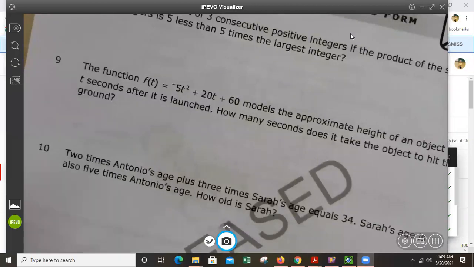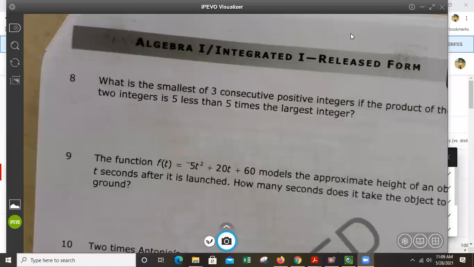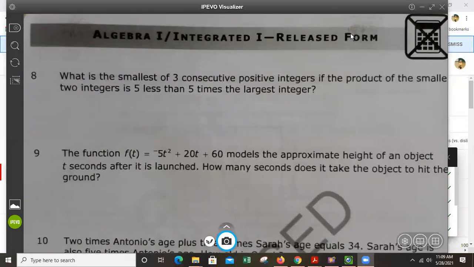All right. Number 8, consecutive integers. You guys were not very good at this, so it's good that we review it, and that's kind of why I made it last. What is the smallest of 3 consecutive positive integers if the product of the smaller 2 integers is 5 less than 5 times the larger? Don't get lost in the words. 3 consecutive positive. All they're telling you is you're going to have positive answers when you finish. Consecutive means back to back.